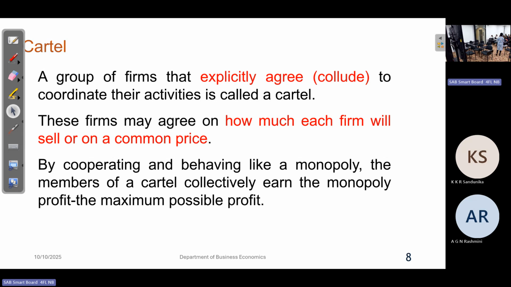They might provide the largest market share, so they have higher power. Together they will decide what is the maximum price we are going to charge in order to maximize their profit. Understood? So a cartel can behave like a monopoly.